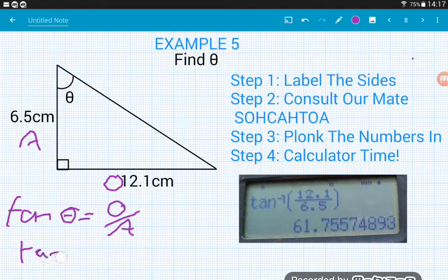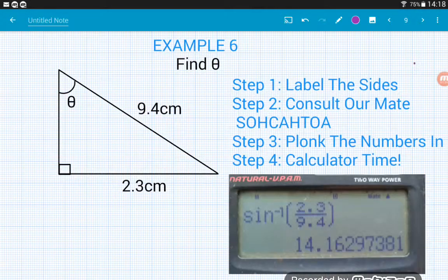So here tan of theta is equal to 12.1 divided by 6.5. We turn to our calculator, take the inverse tan of 12.1 over 6.5, and we would get 61.76 degrees to 2 decimal places.